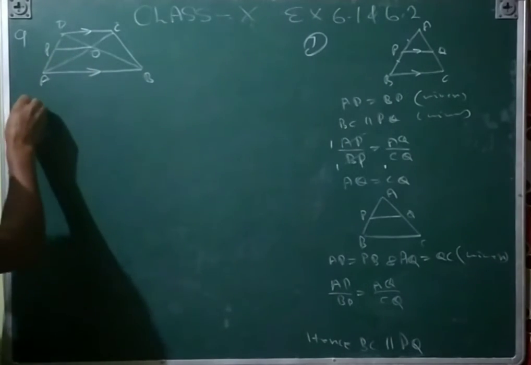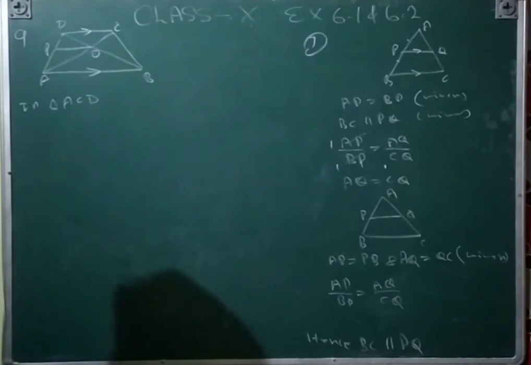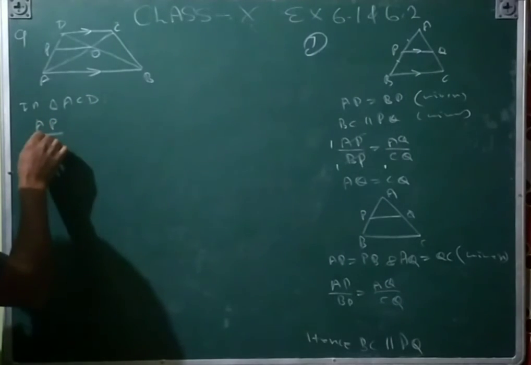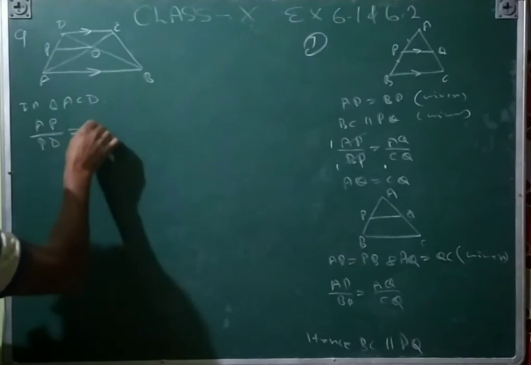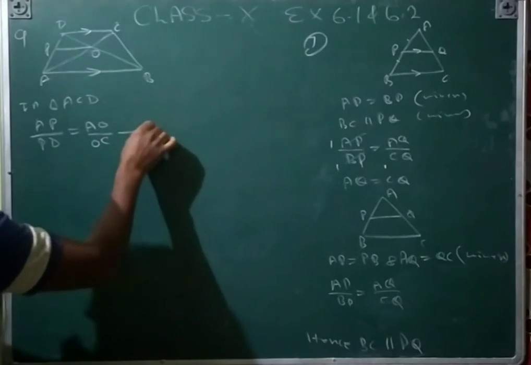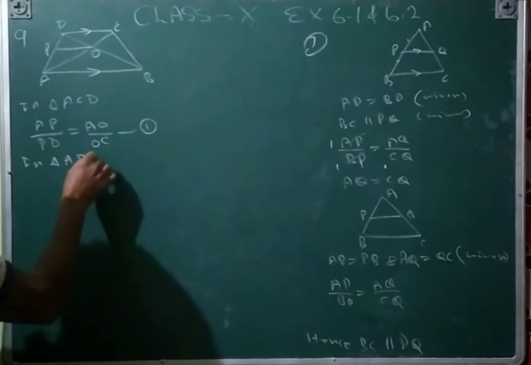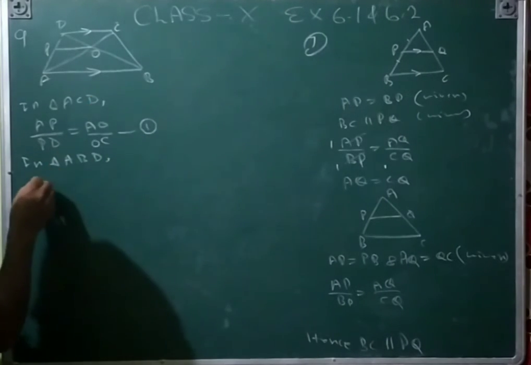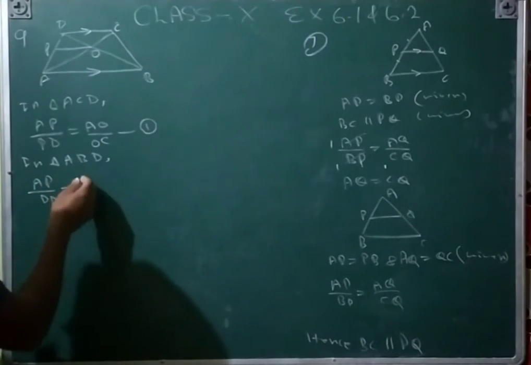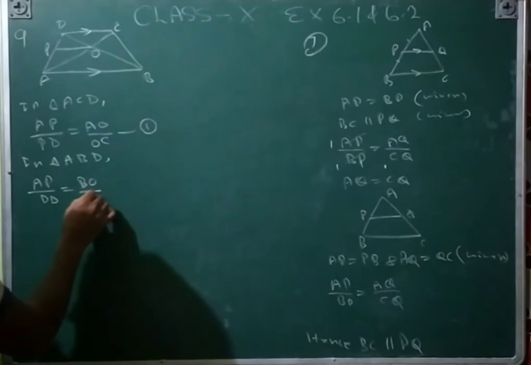Now in triangle ACD, AP upon PD is equal to AO upon OC. First equation. And then now in triangle ABD, AP upon PD is equal to BO upon OD.